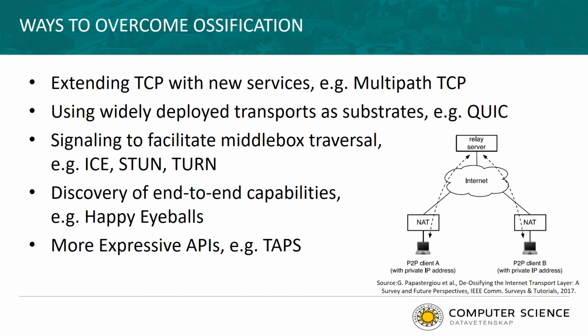And this is, for instance, used in the Happy Eyeballs mechanism, which has been introduced to allow the deployment of IPv6 to make progress. So here you try to set up a connection over IPv6, but you also have a fallback where you, after some time delay, also try a connection over IPv4.